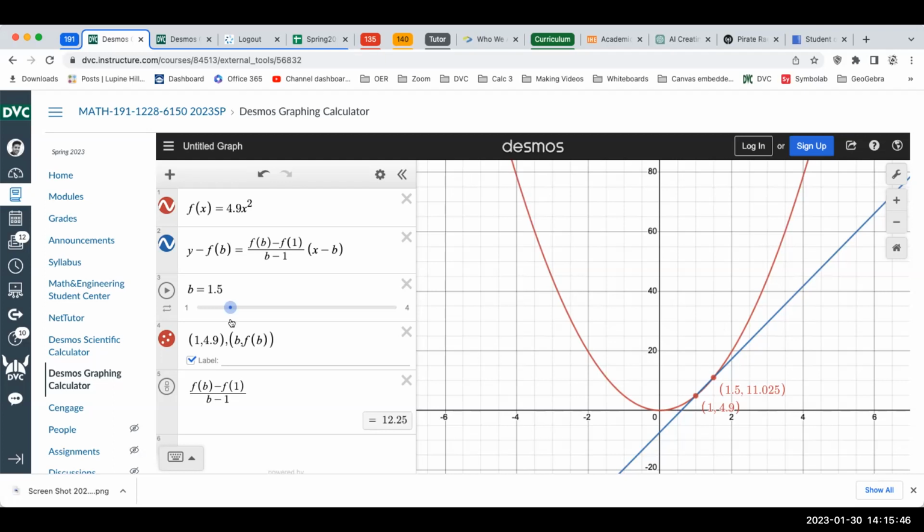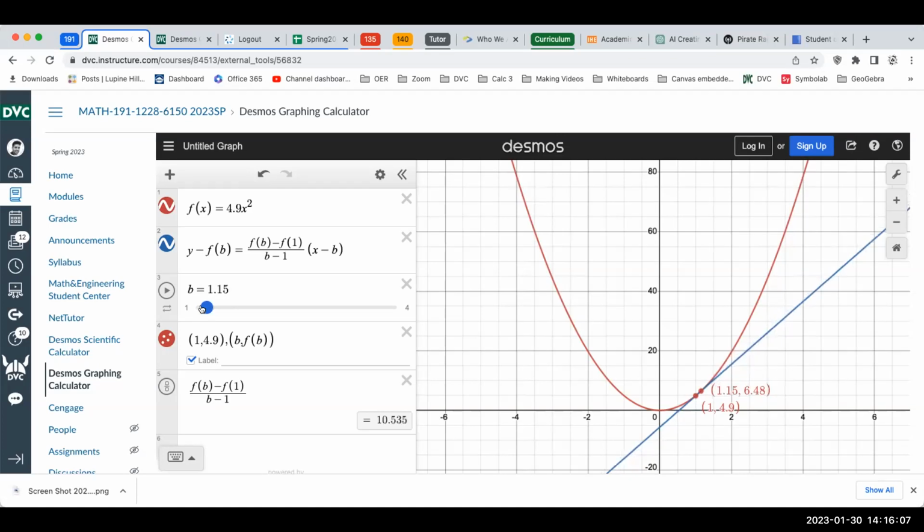So what you're going to do when you start a calculus class is find this average rate of change, but you're going to see what happens as this point starts to get closer to the x value 1. It gets closer and closer and closer. And look, you see how this slope is approaching a particular value?